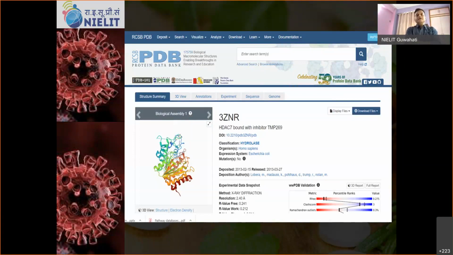Structure means the three-dimensional X-ray crystallographic or NMR-developed structure. If it is there in the Protein Data Bank, we can download the structure of those receptors and use it in our CADD study.